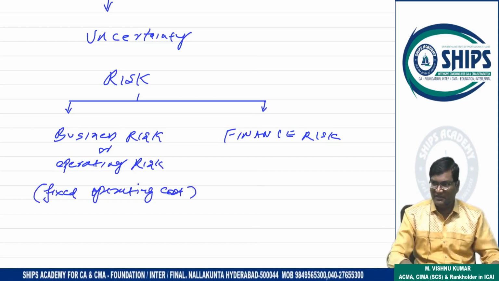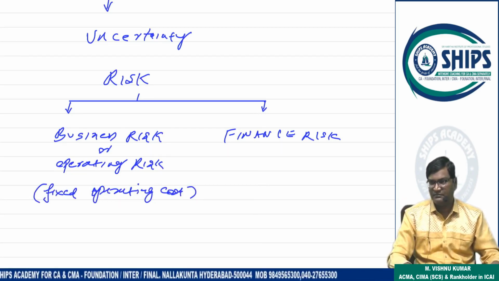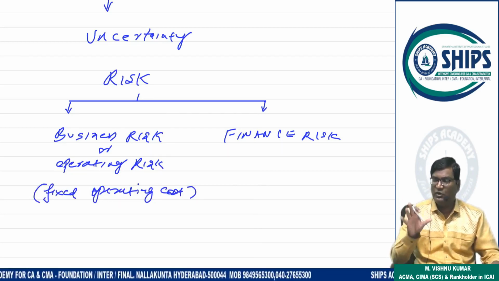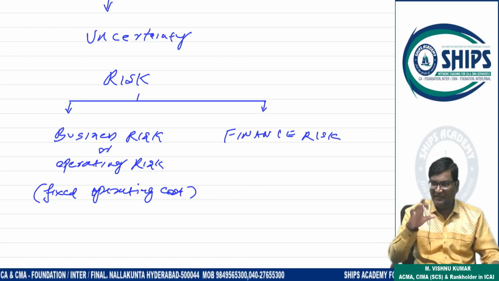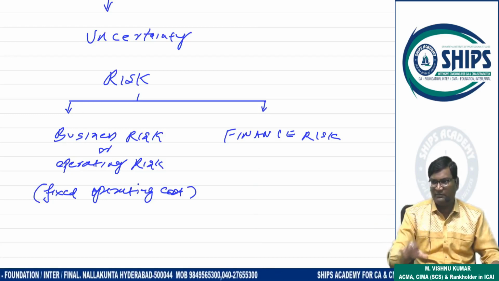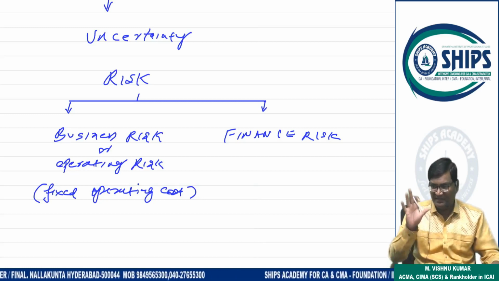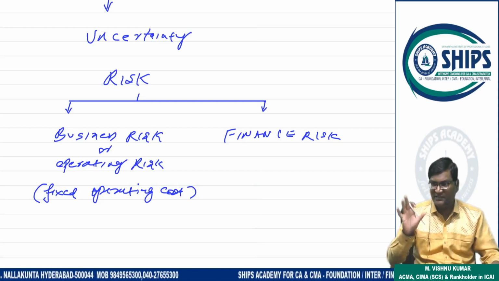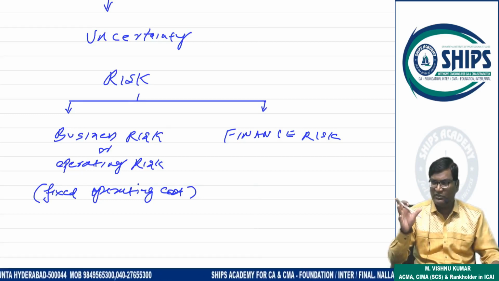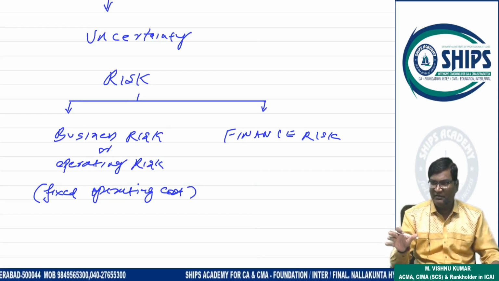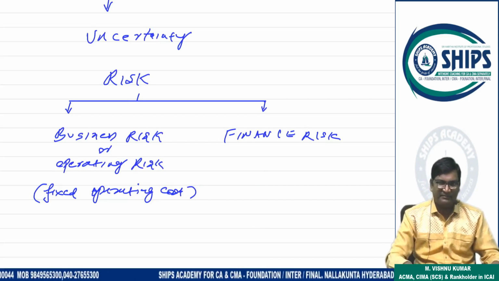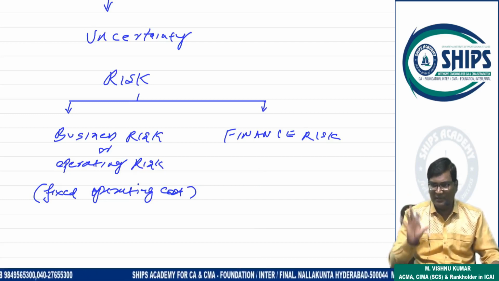One is variable, another is fixed. Okay, variable cost will be recovered immediately when one unit is sold out, right? But for fixed operating cost, there is a risk. There is a risk because variable cost will be incurred only when production is required. If there is no production, is variable cost required?